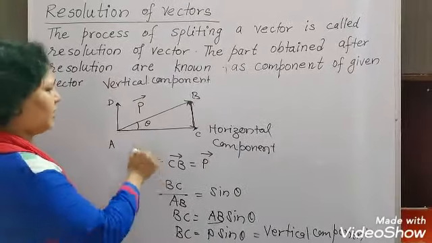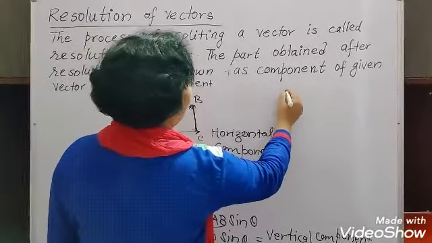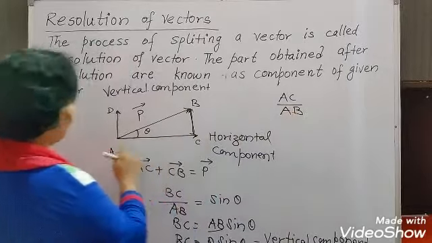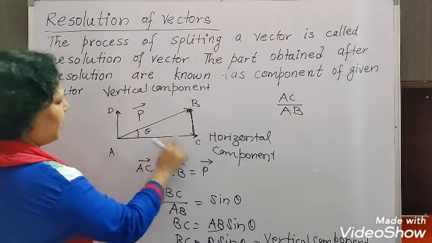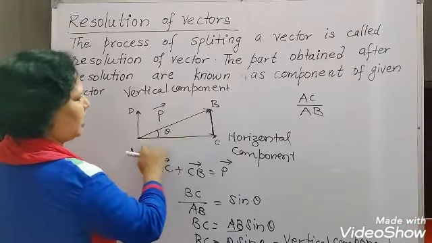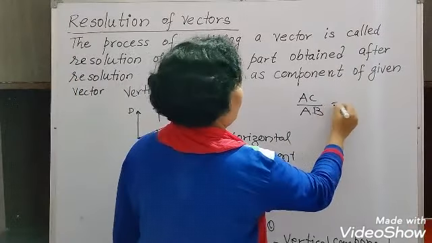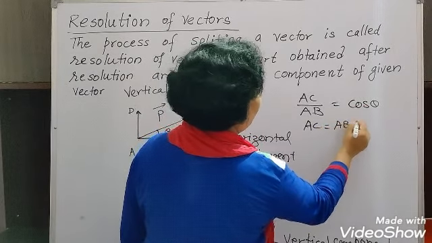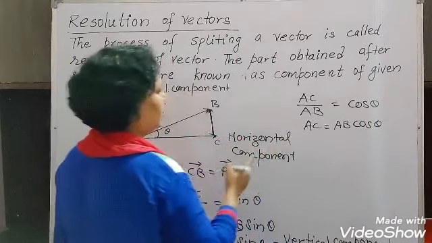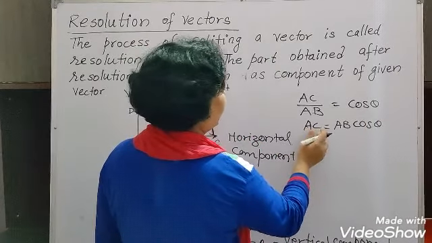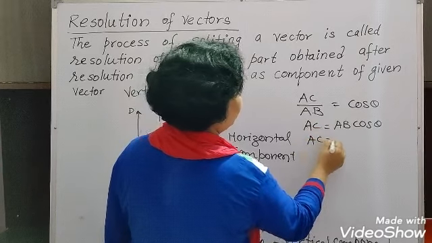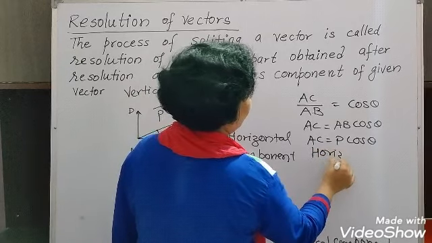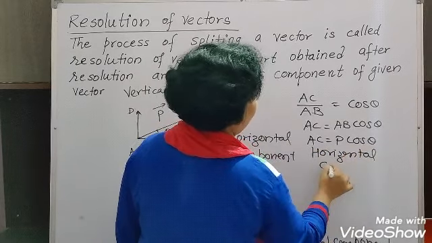Now the horizontal component, that means AC. We can write AC upon AB. AC is the base and AB is the hypotenuse. So AC upon AB gives cos theta. That means AC is equal to AB cos theta, which is P cos theta, and it is the horizontal component.